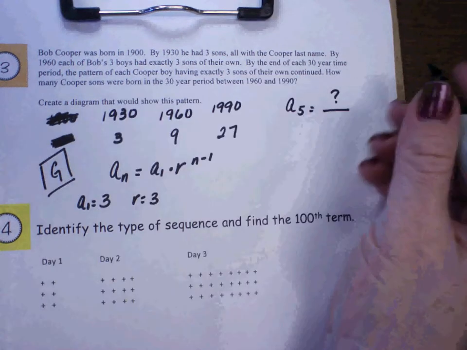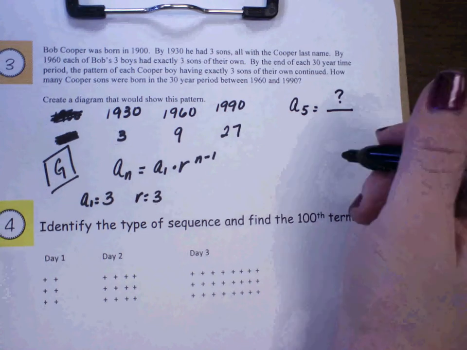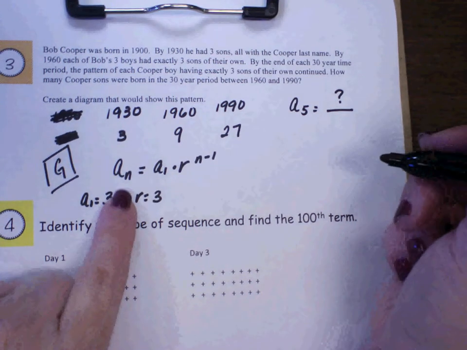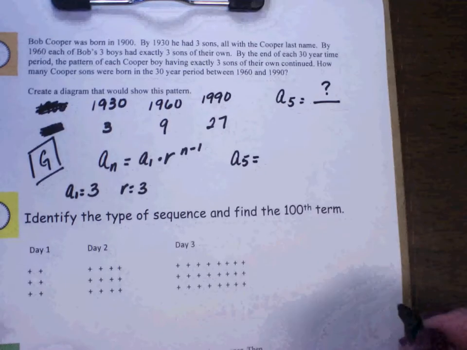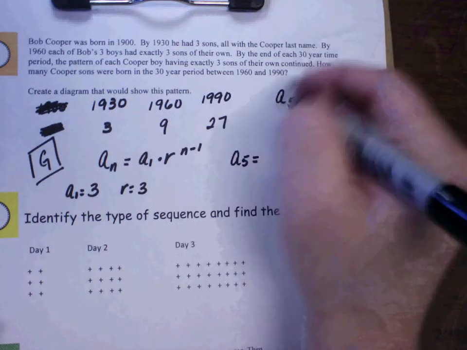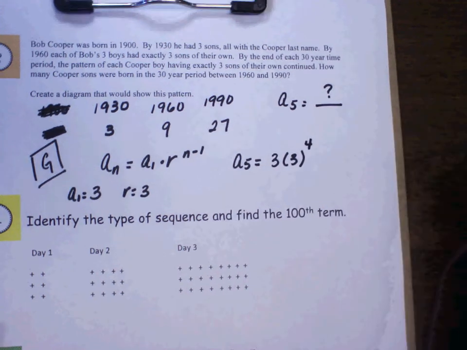How do I do this? A of 5 equals, let's start plugging in, 3 times 3 to the power of 4. All right, so let's do that.